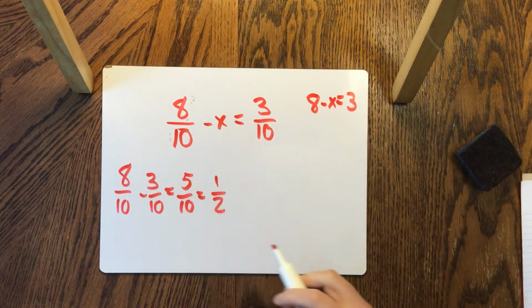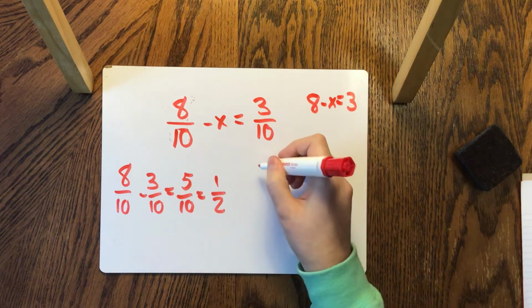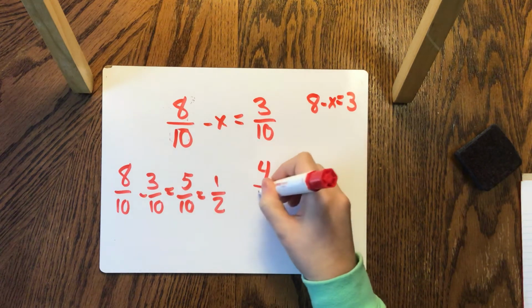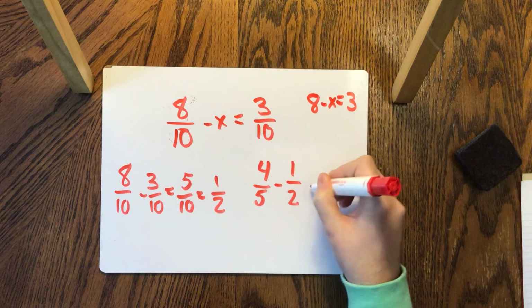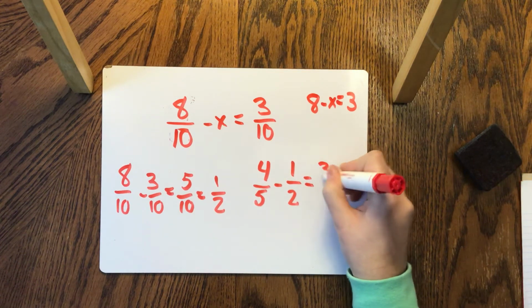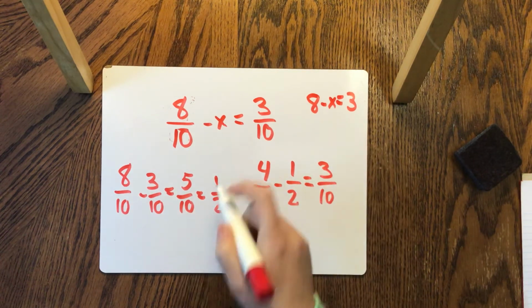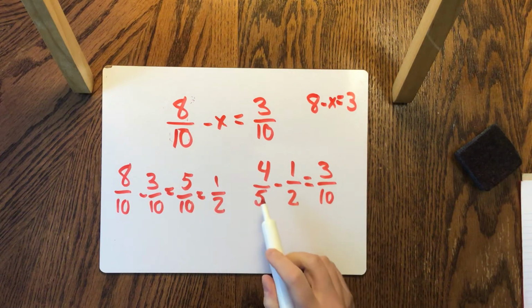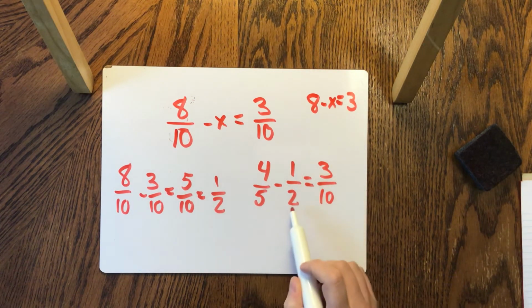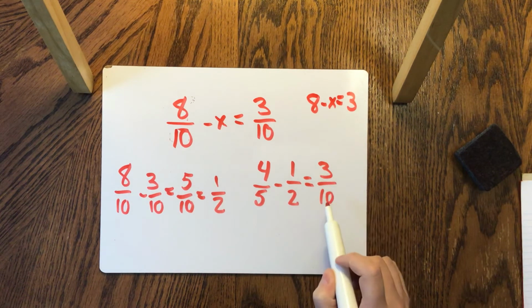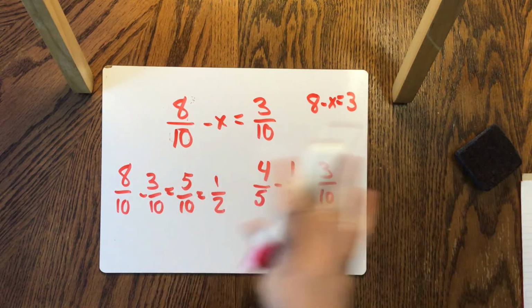So if I plug that back into my original problem, it looked like this. 4/5 minus, and I'm going to put 1/2 in here, equals 3/10. So I found x, and I'm going to put it in here. So if I have 4/5 and 1/2 and 3/10, I want to talk about tenths for all of this.